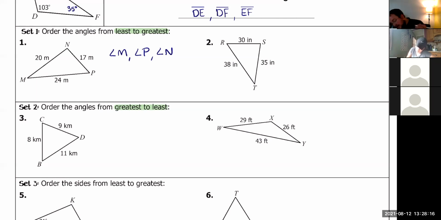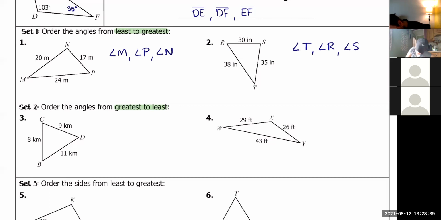The next handful, again, I'm going to give you these answers so you can check on your own. Number 2 should go angle T, then angle R, then angle S. Going in reverse order now.